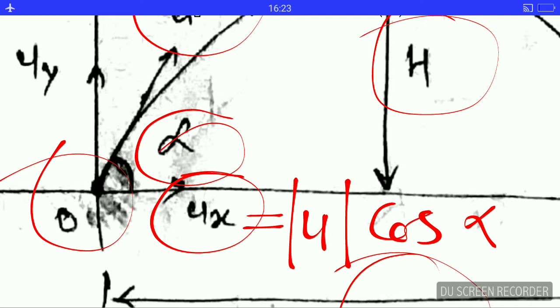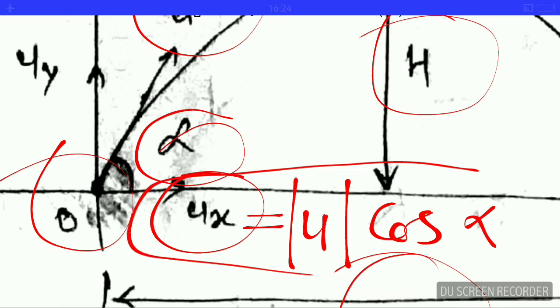So the velocity along the x direction is constant at all times during the motion. The reason is that along the x direction there is no acceleration, there is no force acting in the x direction. So in the x direction the velocity is constant all the time during the motion.